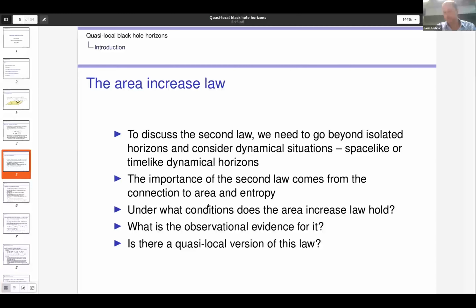For event horizons, I did mention the flux law, the Hartle-Hawking formula, but that was only valid perturbatively. Then the question is whether there is something valid more generally, in full GR, without making any approximations. We'll talk about that as well.